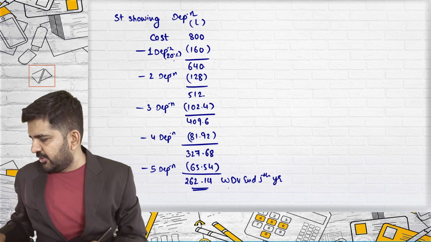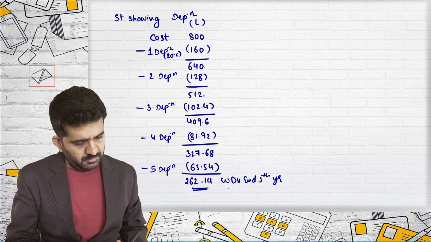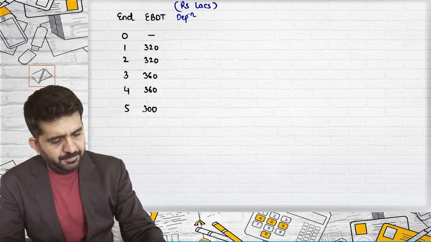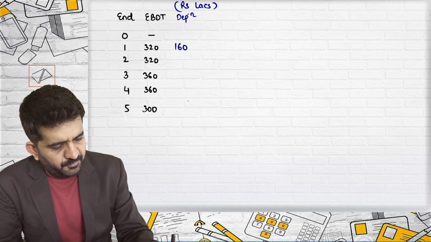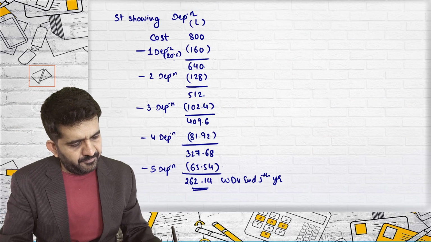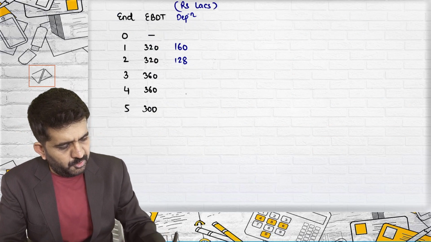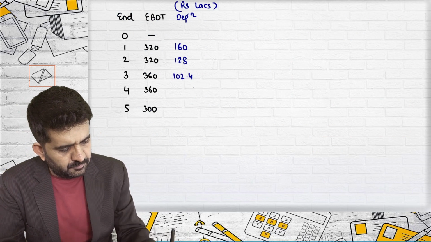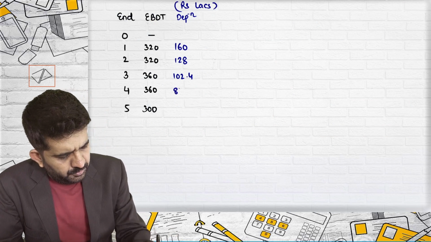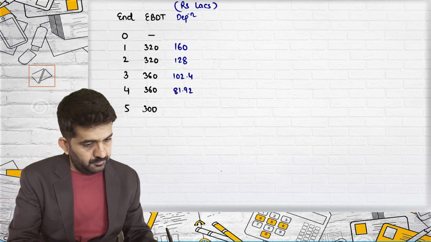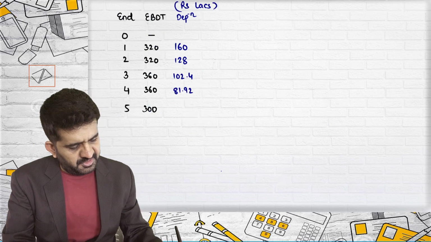Do I have to write down depreciation for every year? Yes. Depreciation for each year is 160 for the first year, 128 for the second year, 102.4, 81.92, and 65.54.